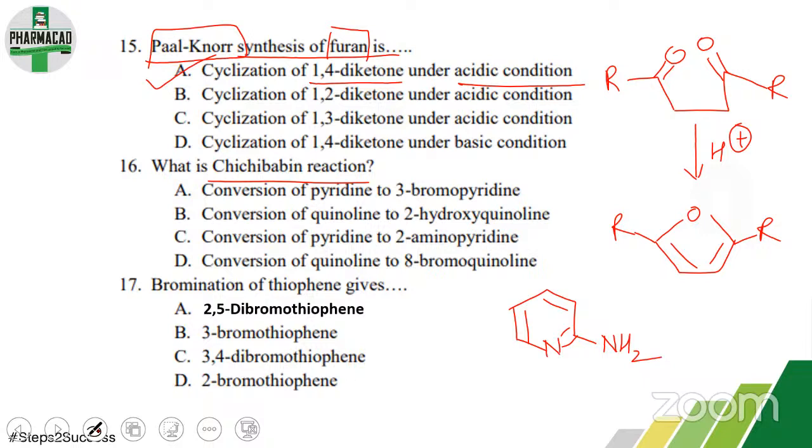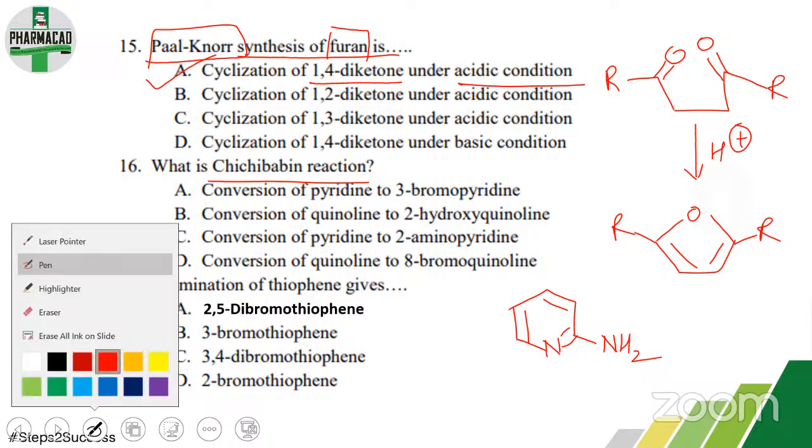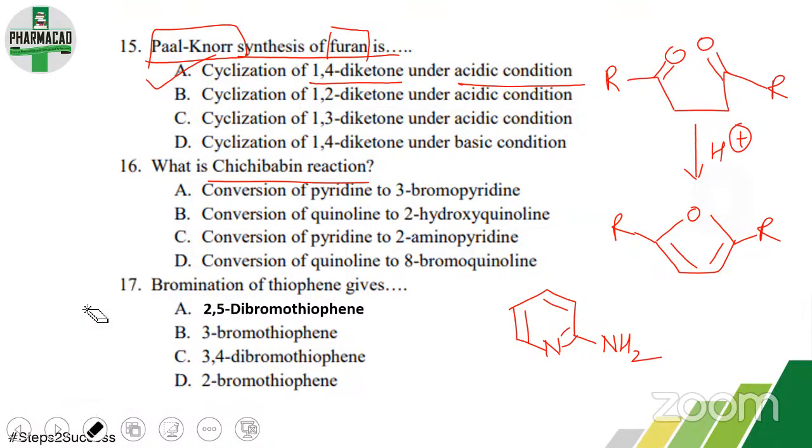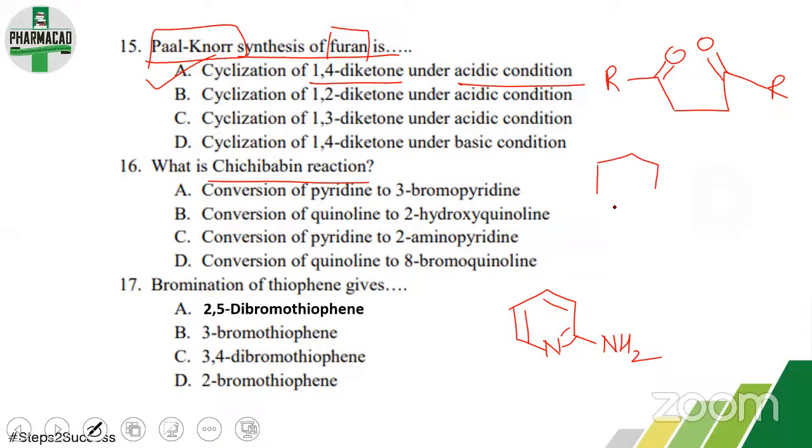But how we will get it? So when we will react the pyridine with the sodium amide, that is NaNH2.